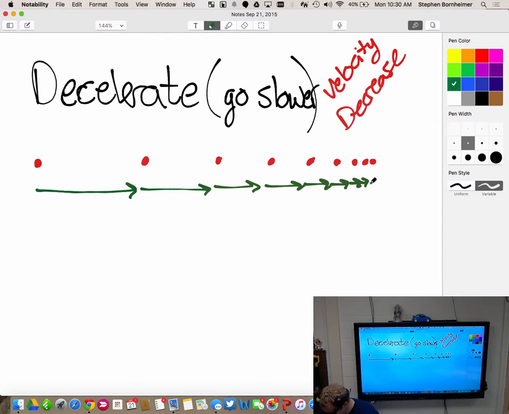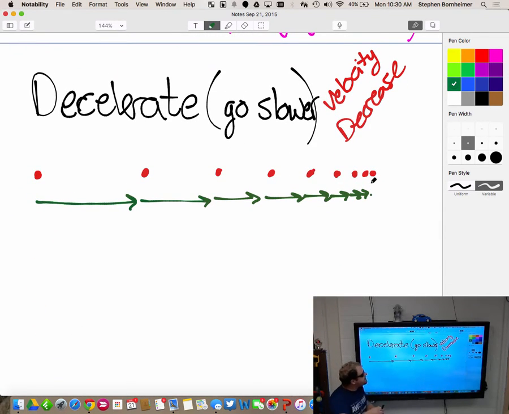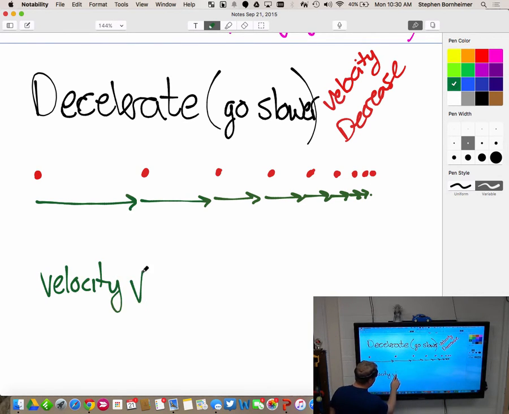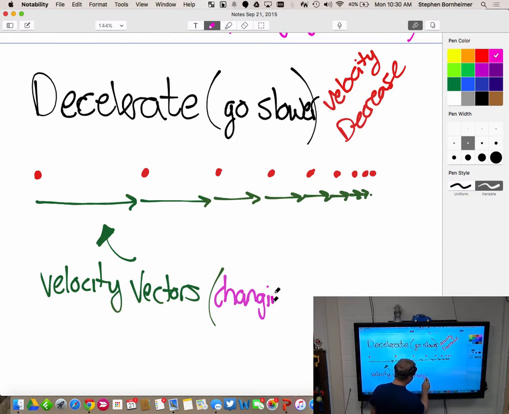All right. Now, like in our previous example, we have velocity vectors. The thing that's not going to change in this particular example is that these velocity vectors are still changing over time. That is not something that changed from accelerate to decelerate.